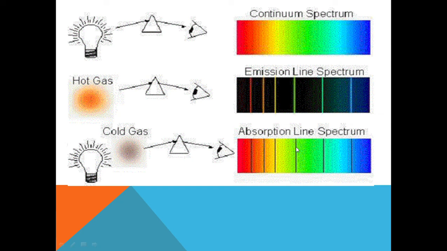Is it clear now? You have to remember that these black lines in the absorption spectrum occur when the electron jumps from lower energy to higher energy. This is the absorption spectrum. The emission spectrum means the electron comes from a higher energy level back to the stable ground state. Then we can say this is the emission line spectrum.